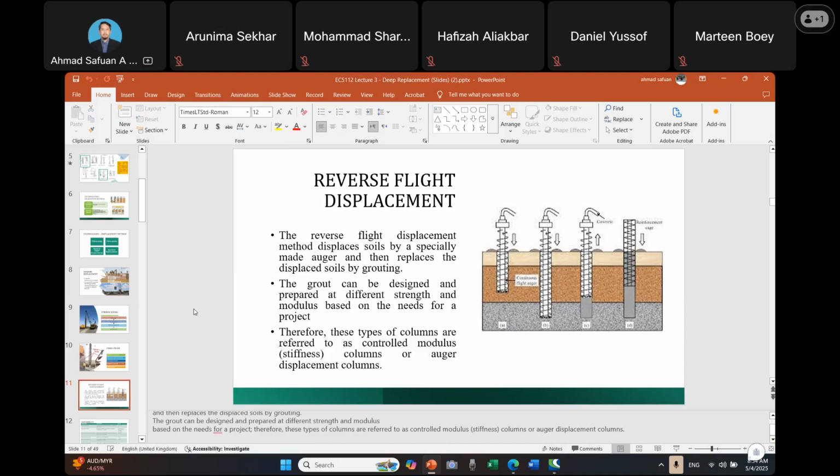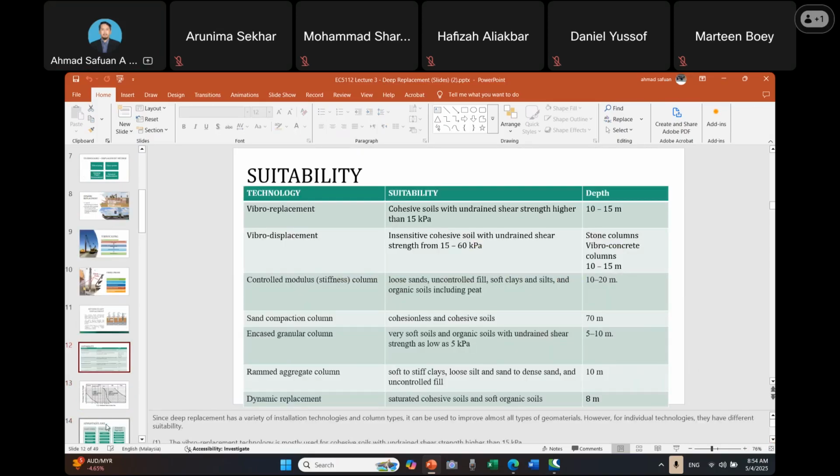Okay, so there is another type for the deep replacements. So this is the suitability of the methods for each type of the deep replacement methods.